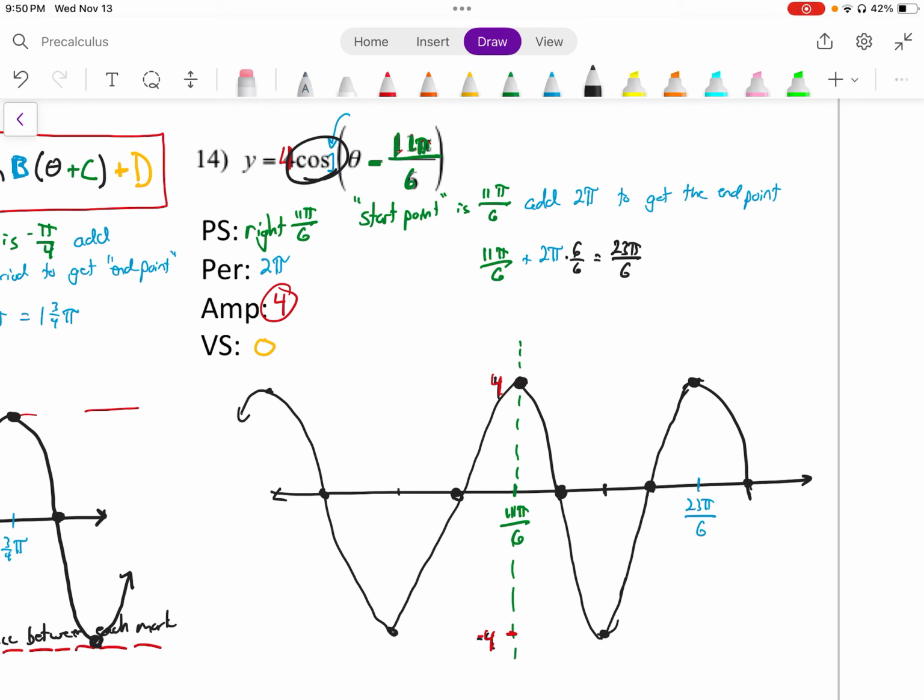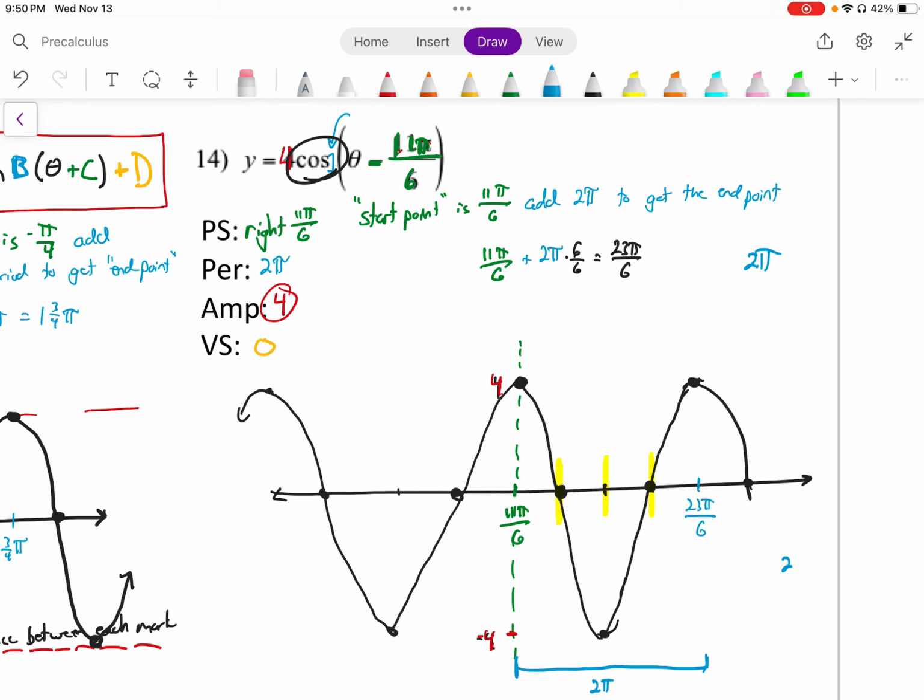So let's go ahead and find these. Well, that's split into fourths. As mentioned before, we're taking the period of 2 pi, so it is 2 pi from start to finish, because that's the period.